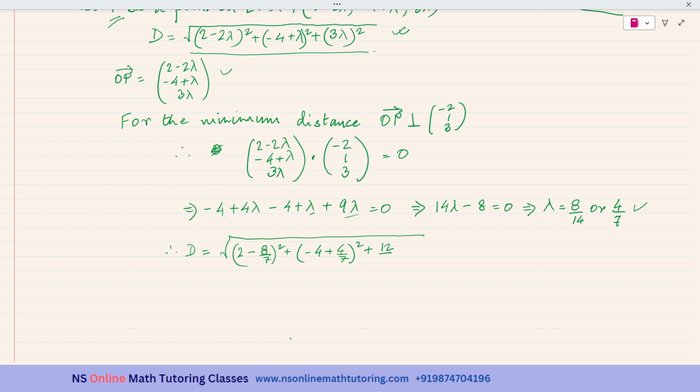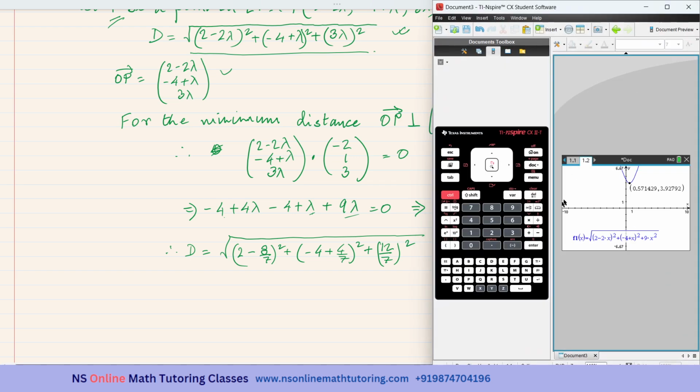So 12 over 7 again whole square, and now we have to find the value. Okay, and you see graphically we had found the value as 3.93. Now let us see what value do we get algebraically, okay, using the vector method.